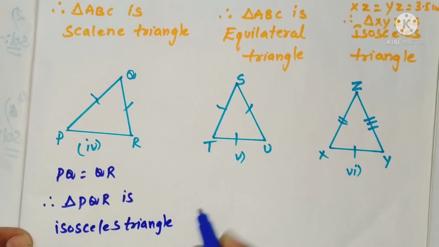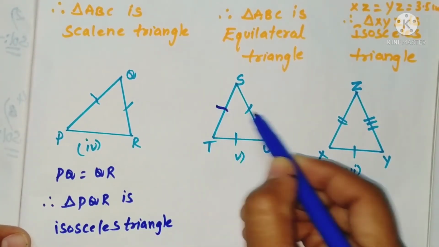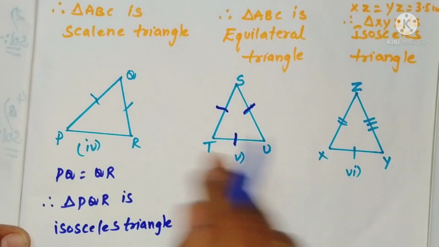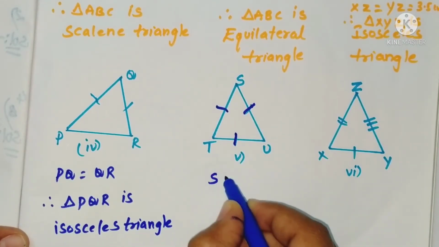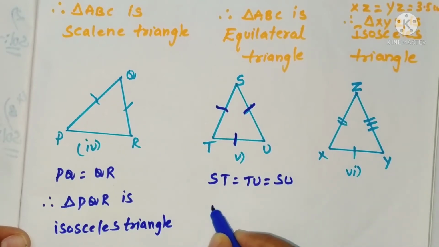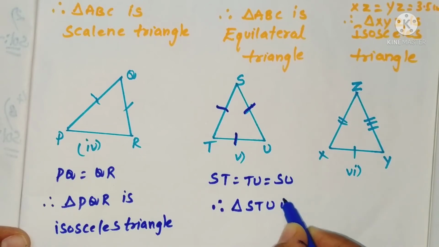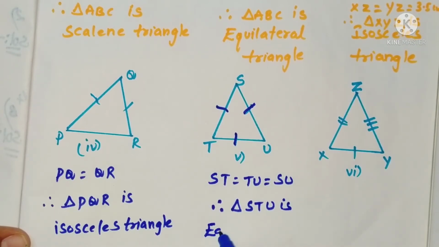So coming to the fifth one, all the three sides are equal. Strokes are there. So ST is equal to TU is equal to SU. So therefore triangle STU is an equilateral triangle.